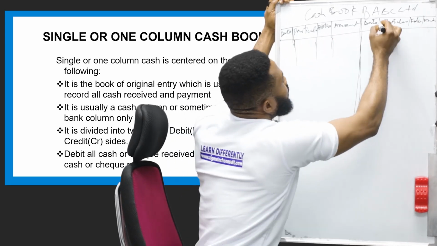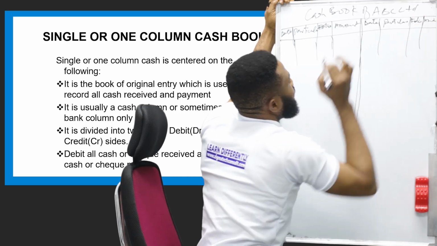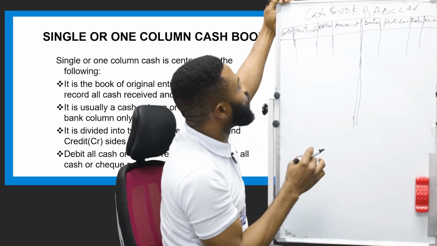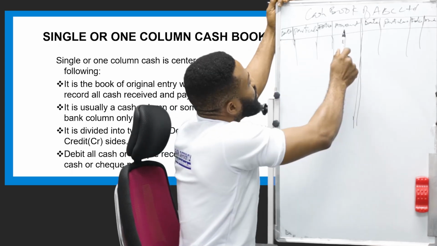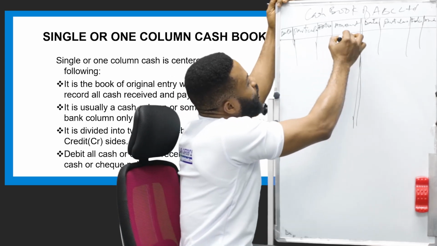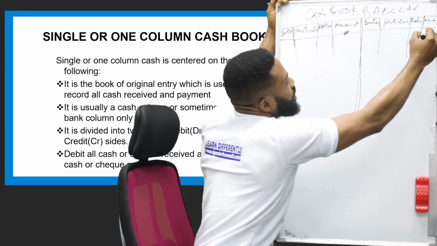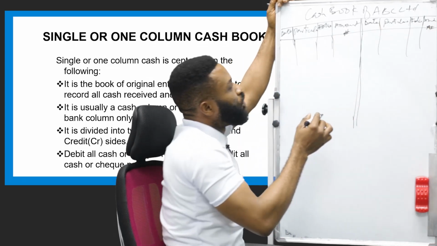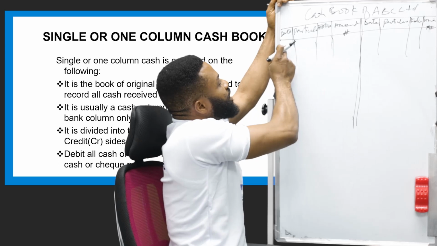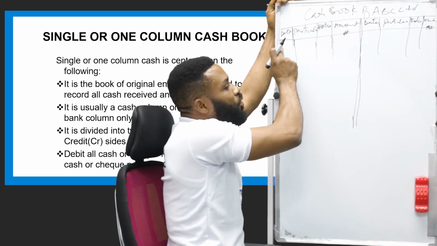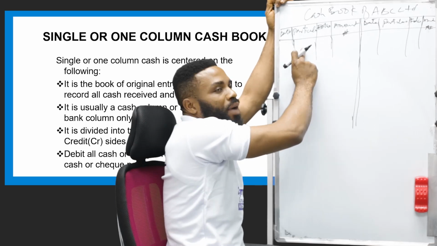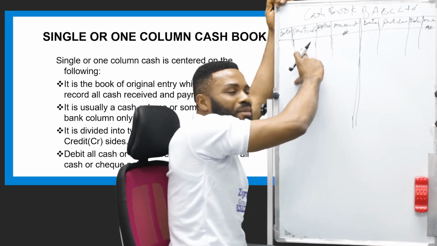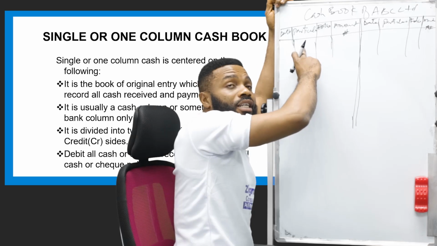Okay? Now, this is just a sketch of how a one column cash book looks. So what I mean by it has just one column is that this is the column for cash. This is where you write the amount of money that is involved in the transaction. In the date column you write the date the transaction took place, while the particulars is used to describe the nature of the transaction.